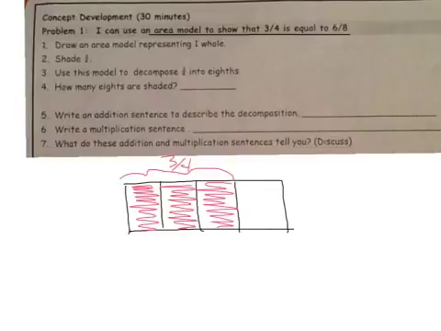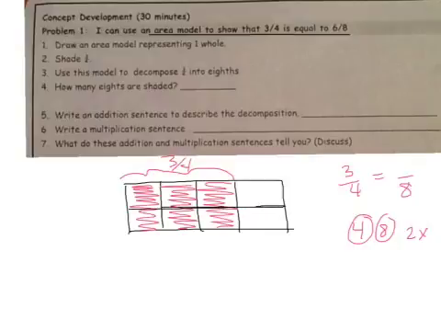So if I'm thinking I have 3/4 and I need it to be in eighths, I'm going to count 4, 8. That's 1, 2. So I need it to be 2 times, which is actually only one line because that'll give me 2 groups, right?